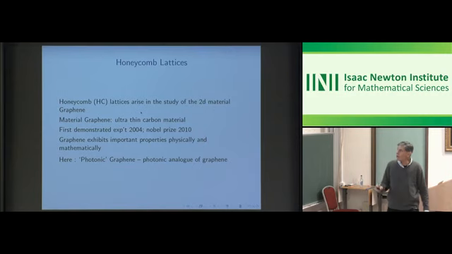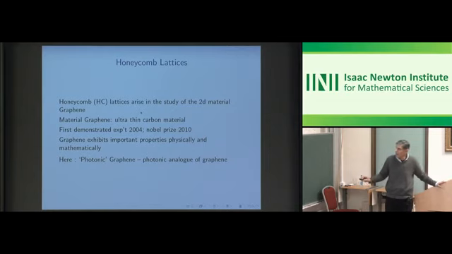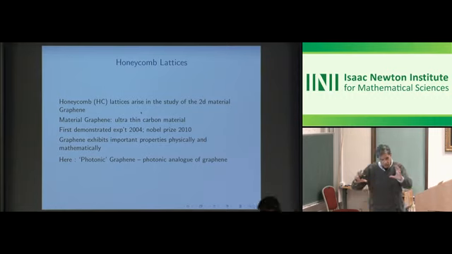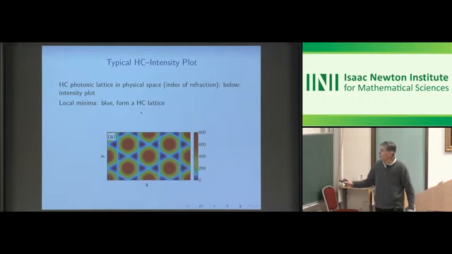Now, honeycomb lattices are very popular. They arise in graphene, the ultra-thin carbon material you've probably heard about, first demonstrated in 2004, with a Nobel Prize a few years later. Here we're talking about photonic analogs, where you have a photonic structure with these high and low indices of refraction. And here is a physical picture of the index of refraction, high in the blues and reds, low index of refraction.